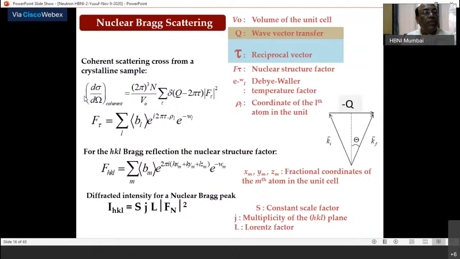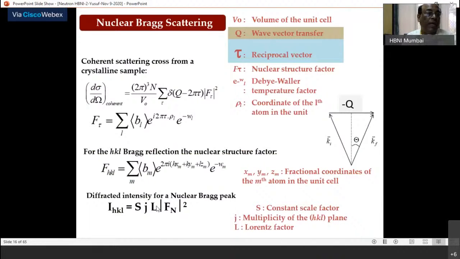Now, the differential scattering cross section, I said, is the mod square of this. In a diffraction experiment, you actually measure this intensity, I_hkl. You see the other parameters: S is nothing but the scale factor, I'll elaborate on that. J is called the multiplicity of the hkl plane.